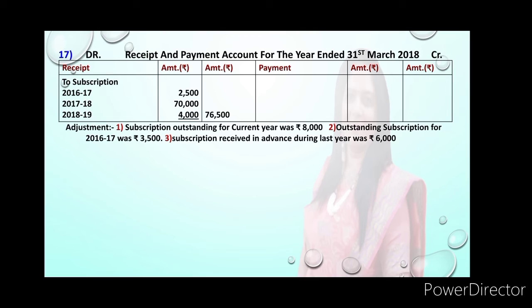Last year the subscription outstanding was rupees 3,500, but in the receipt and payment account, receipt side, you can see the subscription amount received for 2016-17 is 2,500. It means out of 3,500 only 2,500 received. It means 1,000 rupees is still outstanding.